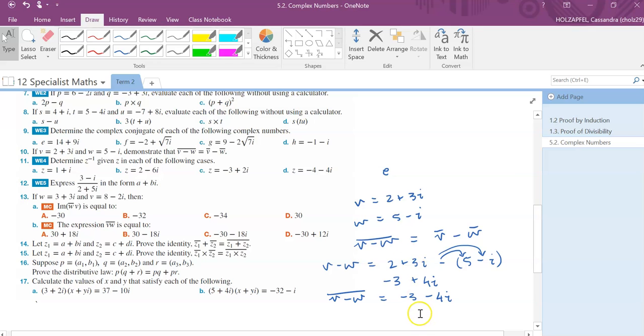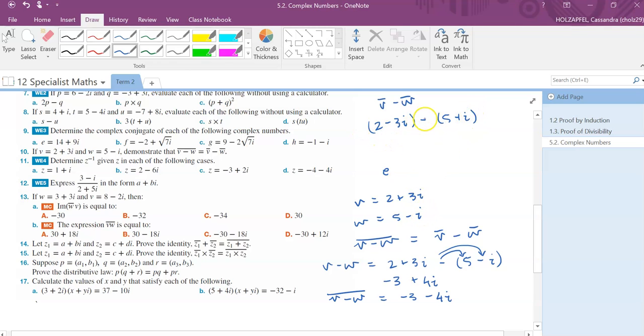Okay, so let's have a look at this second part of the question now. So we're going to do the v minus w part now. So the conjugate of v is going to be 2 minus 3i minus the conjugate of w is going to be 5 plus i, isn't it?